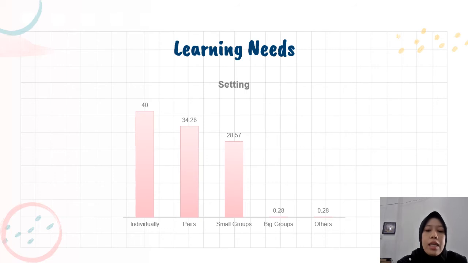And the other settings they like to learn English in are pairs, then small groups, big groups, and others. Actually, this data shows that most students like to learn English in the individual setting.